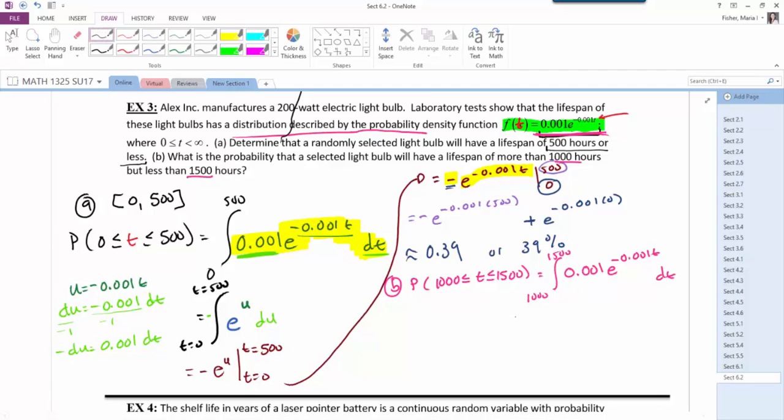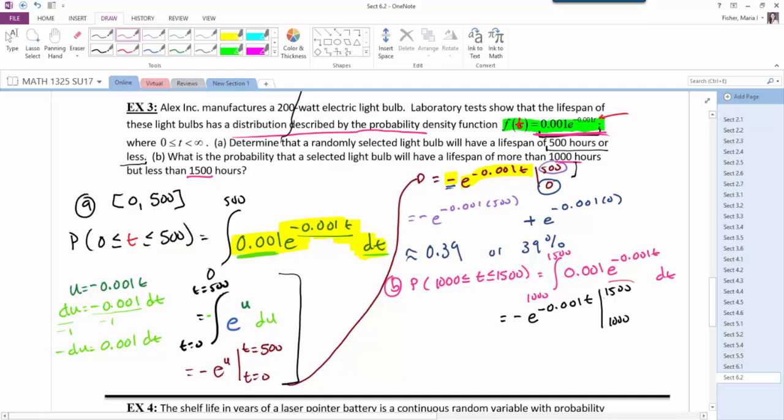And so again, I know that this is just going to be negative e to the negative 0.001 t evaluated from 1,000 to 1,500. Again, I don't need to do all this intermediate stuff that we did here because it's going to be the exact same thing because we're looking at the exact same probability density function.